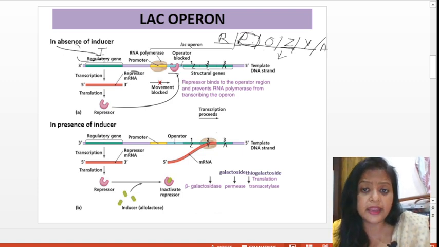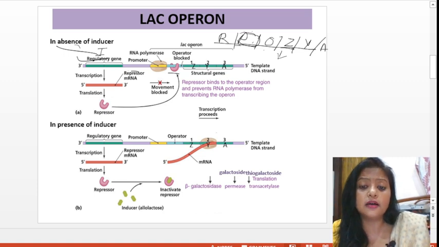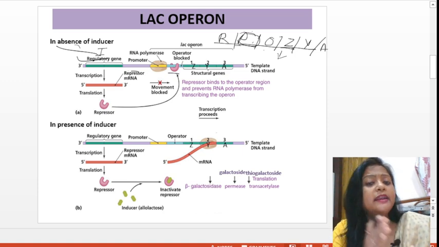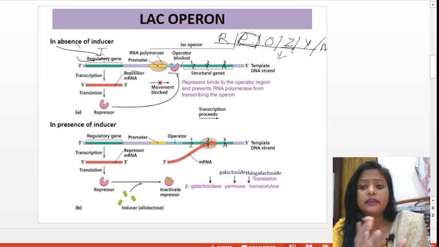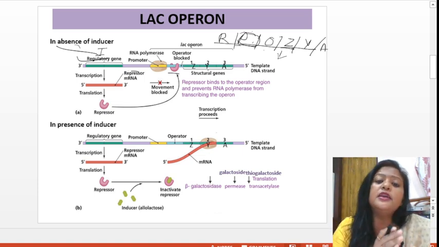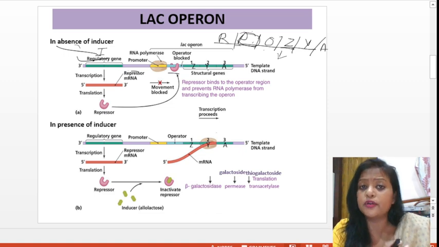When lactose is present, what does the lac Z gene do? It produces the beta-galactosidase enzyme, which helps in the breakdown of lactose into glucose and galactose. Then what does Y do? This permease enzyme helps in the transfer of lactose using the proton gradient.